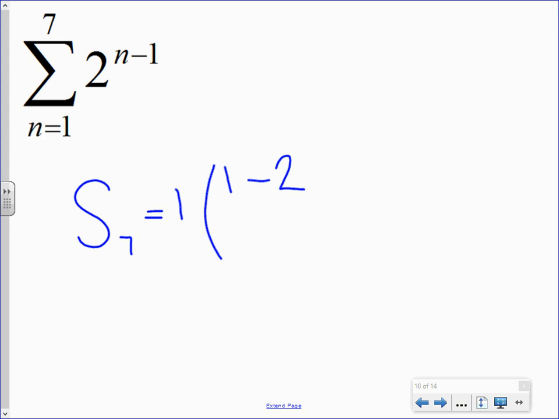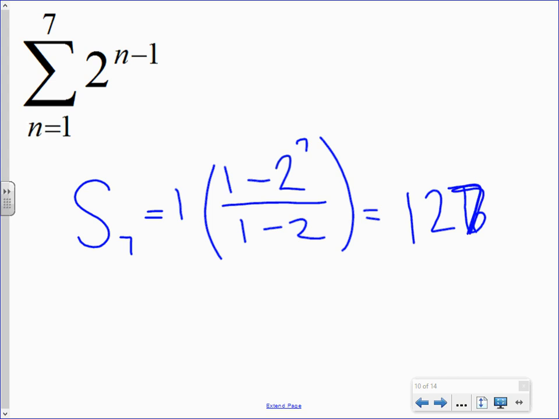And we're finding the 7th partial sum. What's our sum? 126? 7? Perfect. Okay.